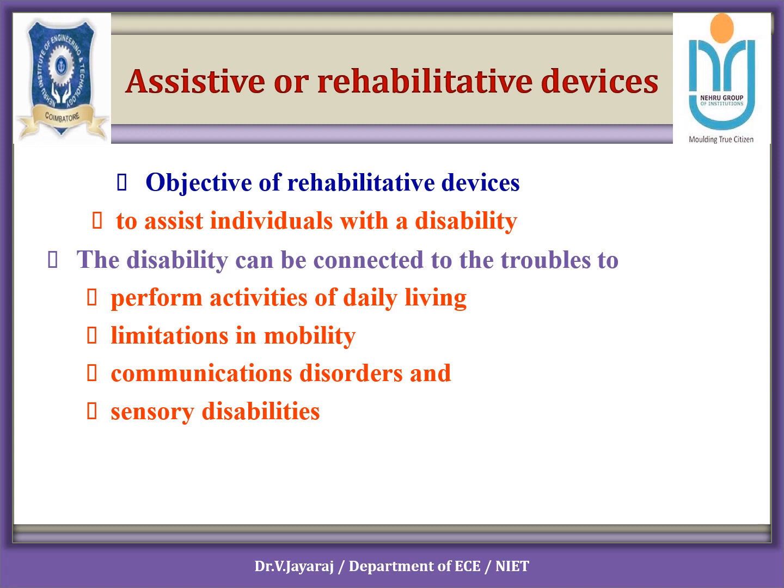We will have sophisticated equipments to assist them. So what is the use of such devices? They are used to perform activities of day-to-day life and to avoid limitations in mobility. If they have any communication disorders, they can use such equipments to communicate with others, and also for sensory disabilities.